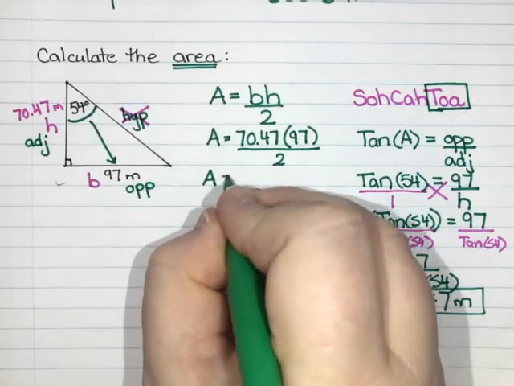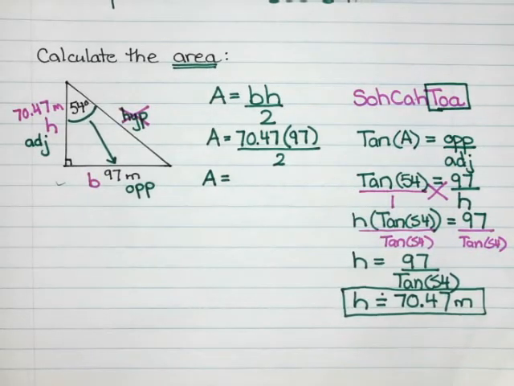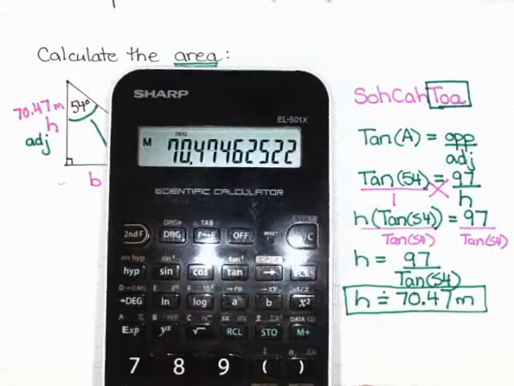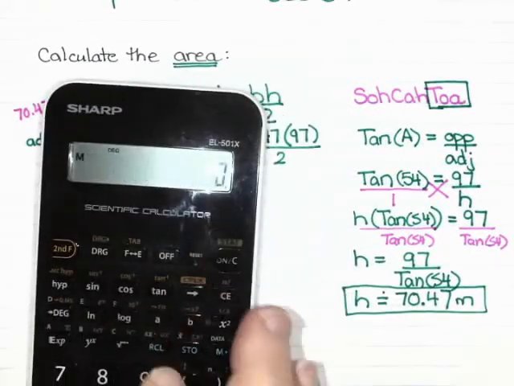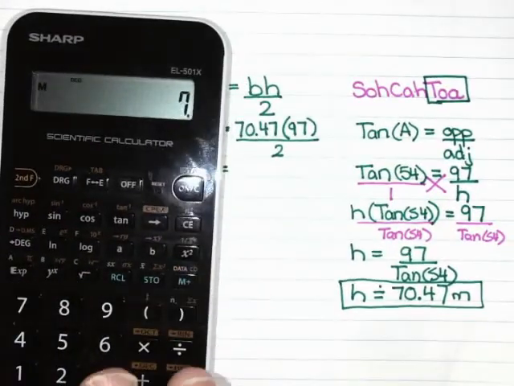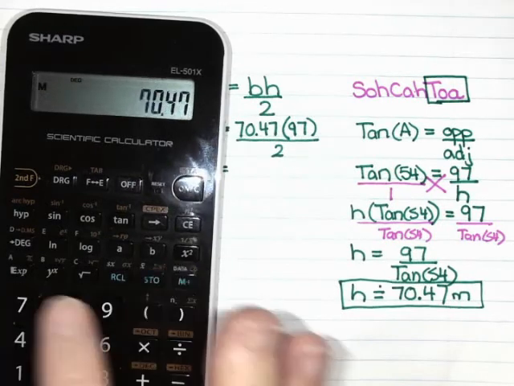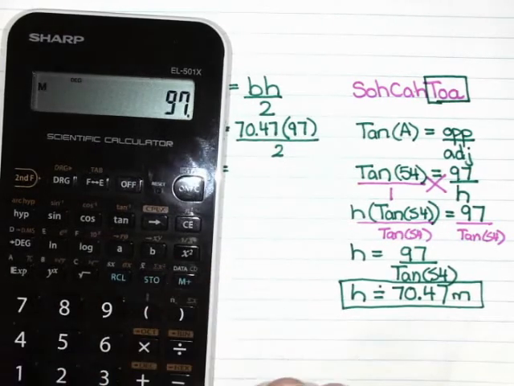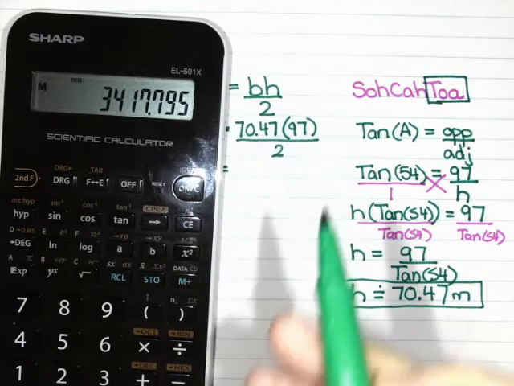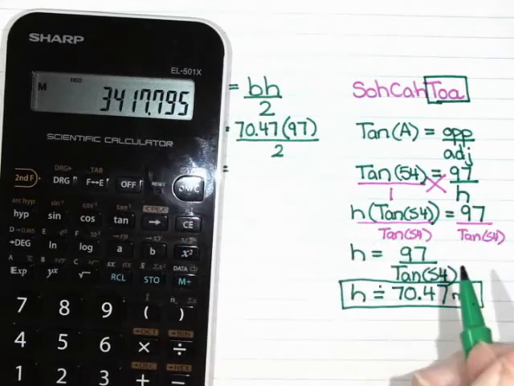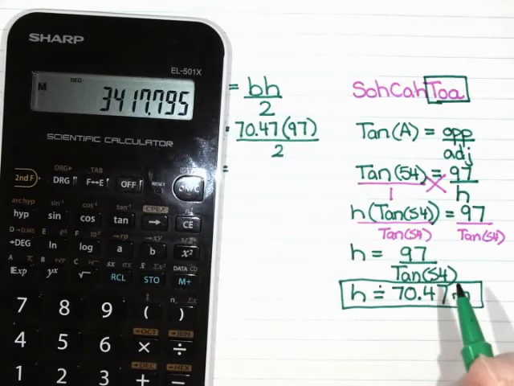Now, if you want to leave the number with all of the decimal places and calculate, you are welcome to do that, but I'm just going to use the rounded number. So 70.47 times 97, and then divided by 2. If you kept all of the decimal places, your answer would be a little bit different. It's okay. I will always check both answers to see what happens.